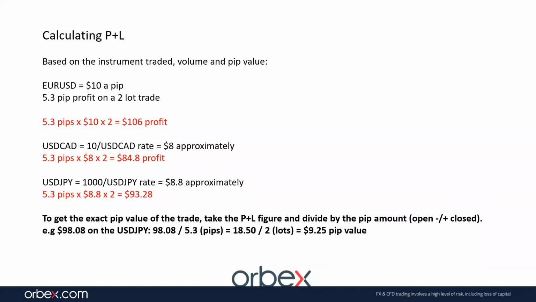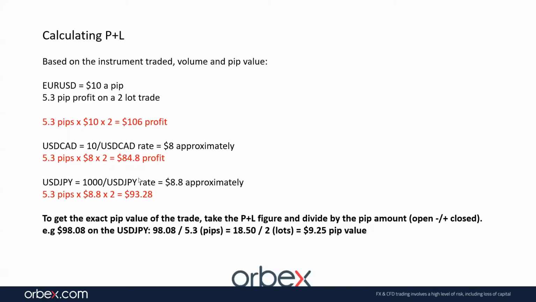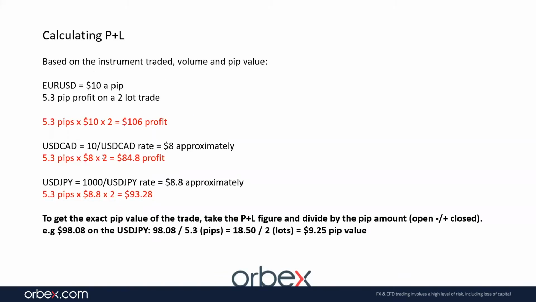So let's go into, well, I've had this dollar CAD trade open, so this is probably going to be a good example because I've given a dollar CAD example here as well. So for dollar CAD, what we've seen from this screen is that the pip value is 10 divided by the dollar CAD rate. So again, we've done an approximation.